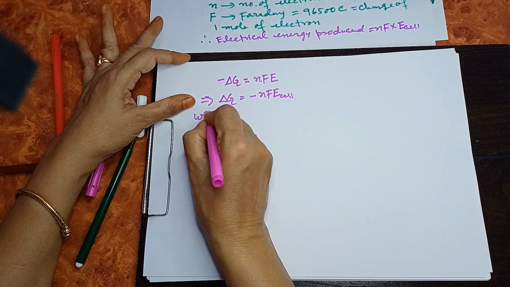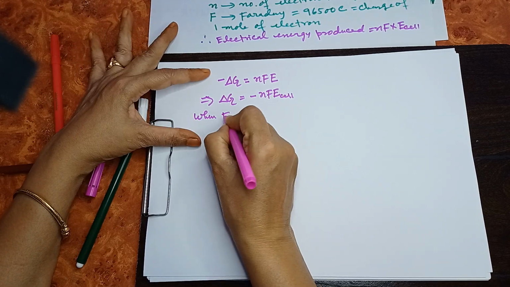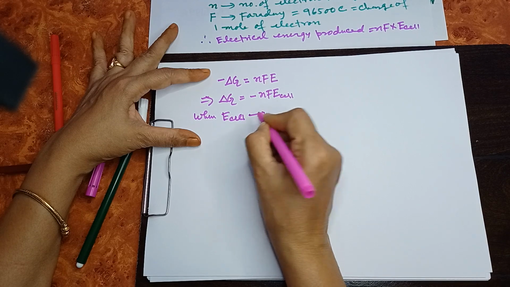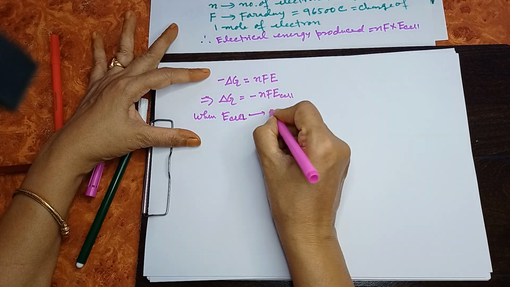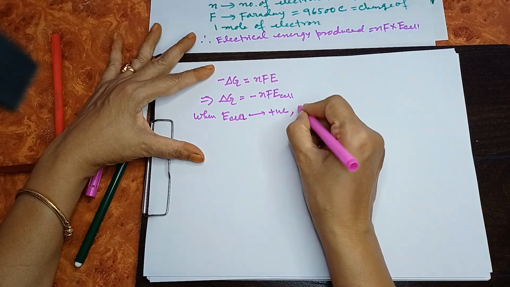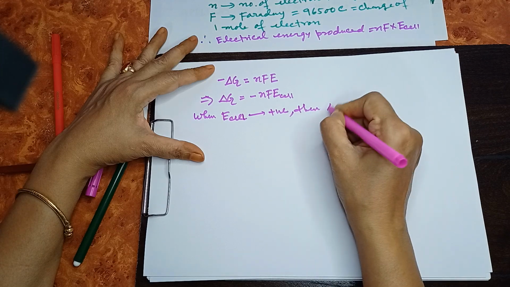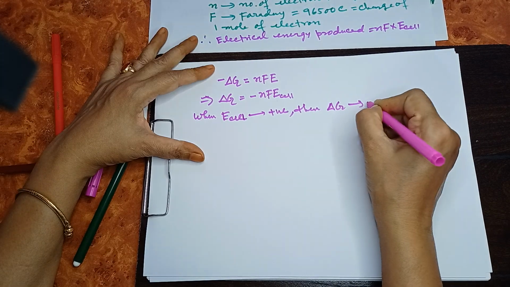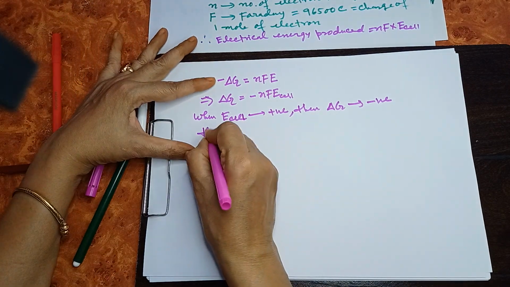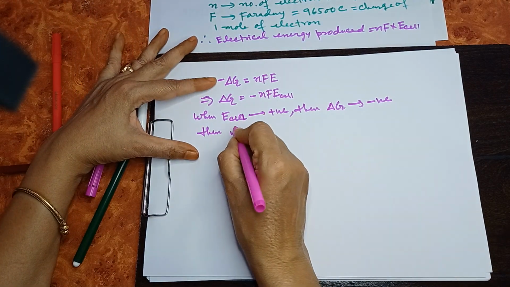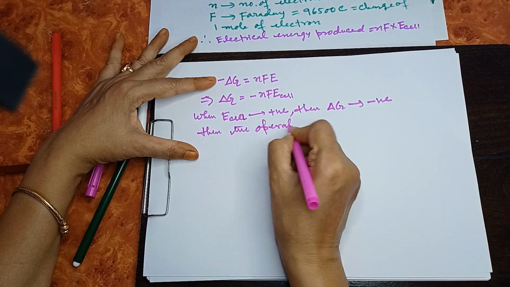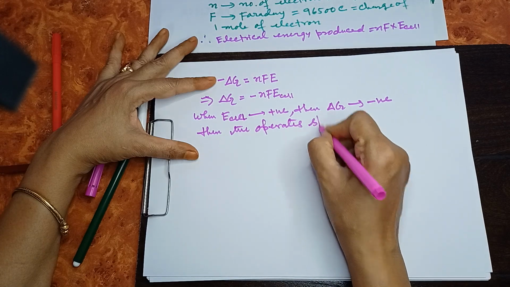So when E cell is positive, delta G will be negative, and under this condition the cell operates spontaneously.